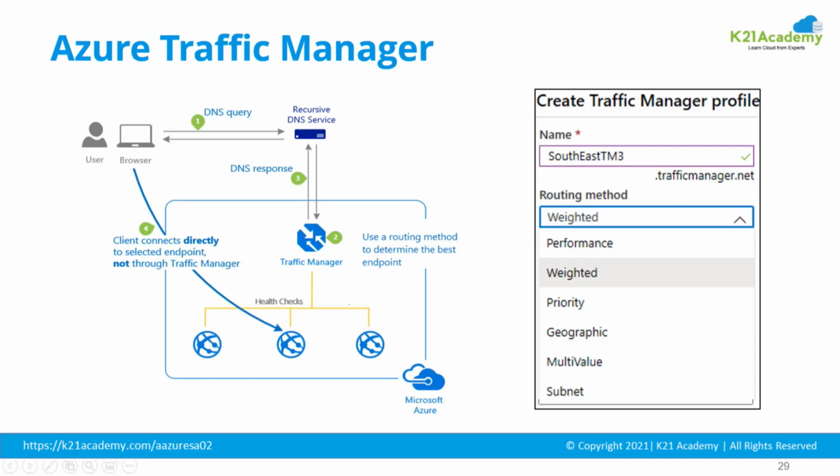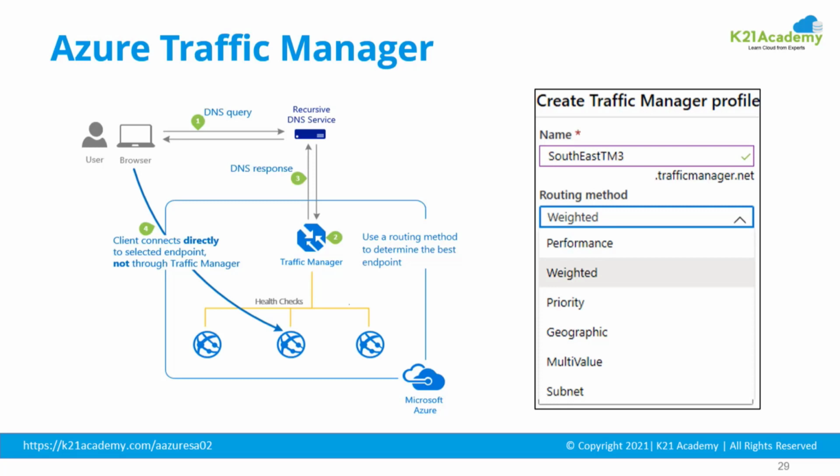The traffic manager will forward requests to multiple load balancers, one in US, another in Europe, another in Australia or Asia, and those load balancers will have their backend servers. Traffic manager will determine, based on the rules you define, that this person is coming from US, so route that traffic to the US servers. Or if the person is coming from Europe, then route traffic to Europe.